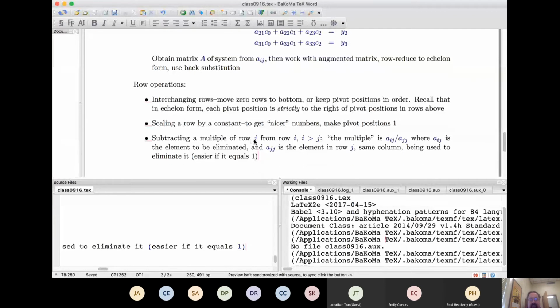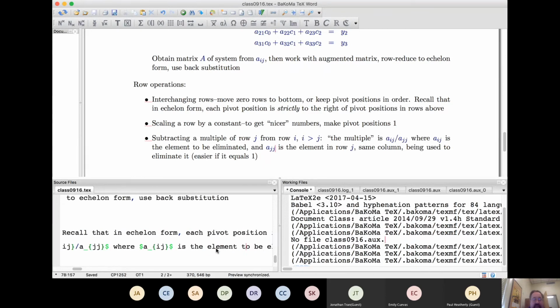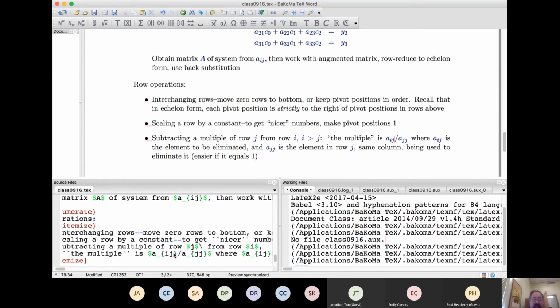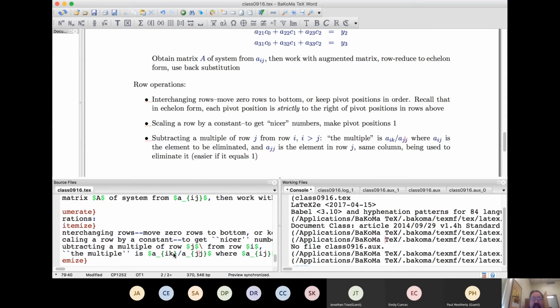Actually, since sometimes we may have columns without pivot positions, I need to make this a little more general than I did. So I'm going to choose column k here.